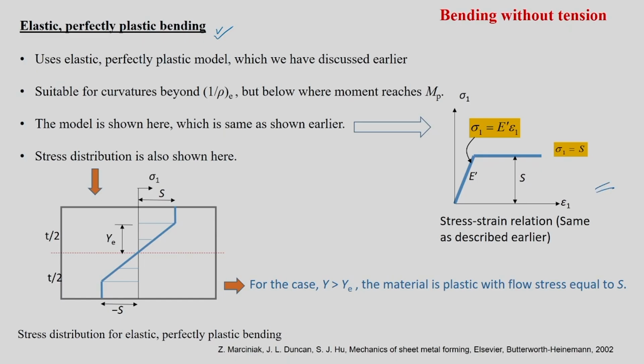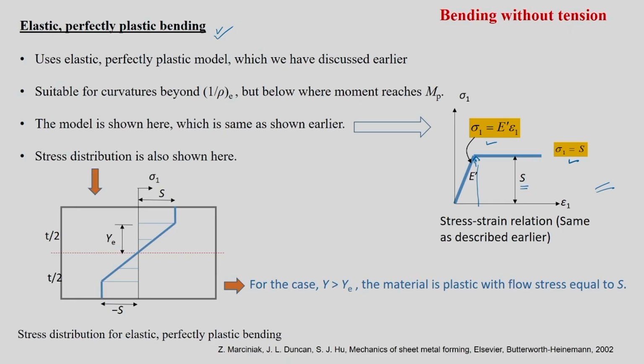This is the same figure, drawn between sigma 1 versus epsilon 1, and you have the elastic part and then a constant flow stress plastic part, which is nothing but S. When sigma reaches S, at this particular transition, there will be a change in the stress-strain relationship, which is sigma 1 equal to S. Less than that, sigma 1 is equal to E dash into epsilon 1, as we have seen.